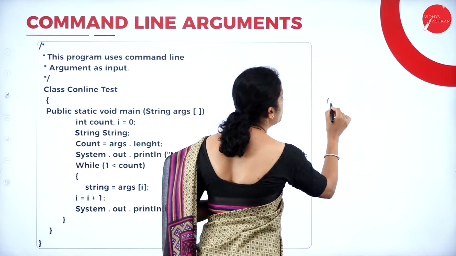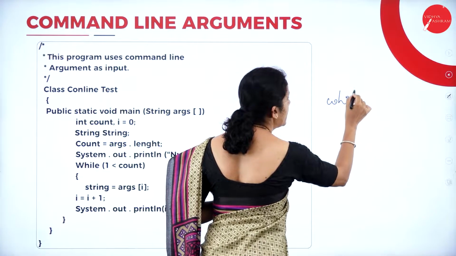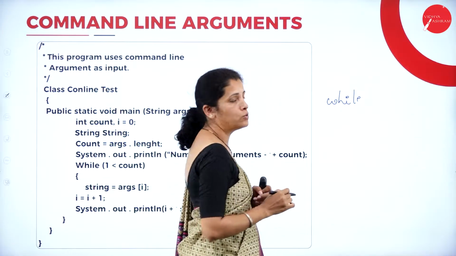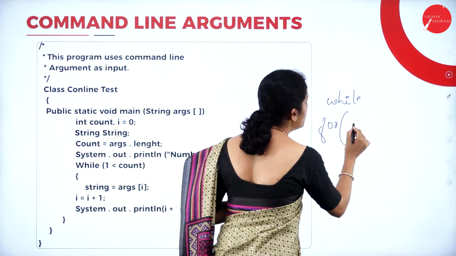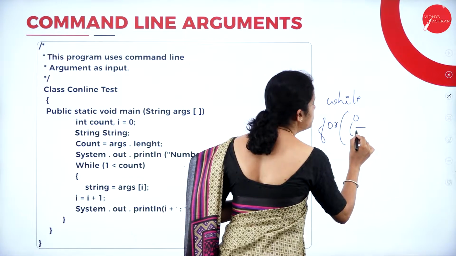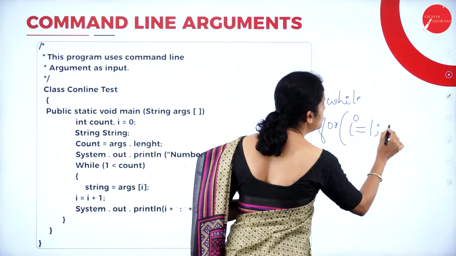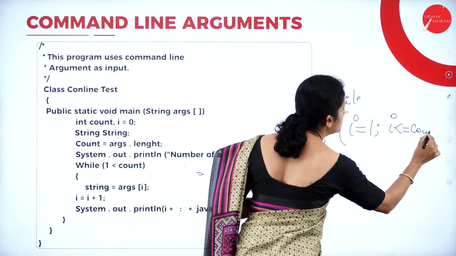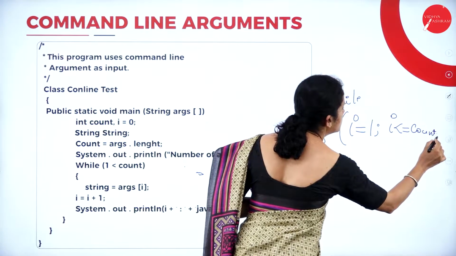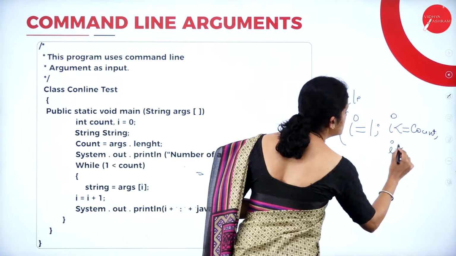I'll use while, or even I can use a for loop. So I'll start with the for loop: for i equal to 1; i less than or equal to count; i plus plus.